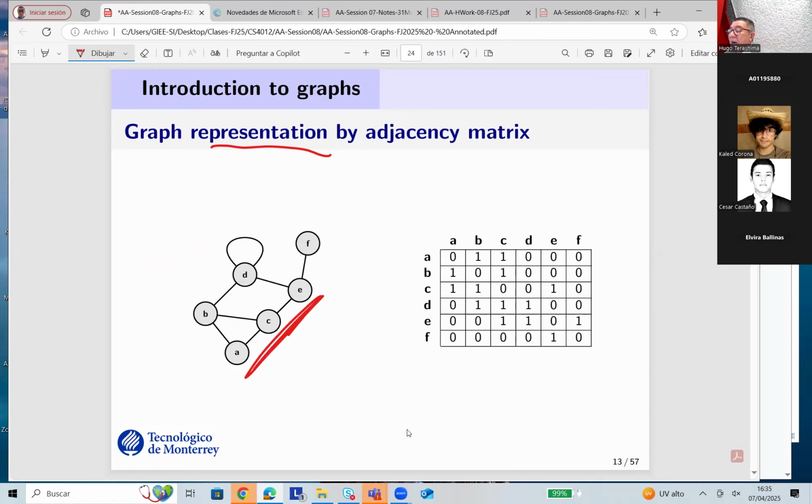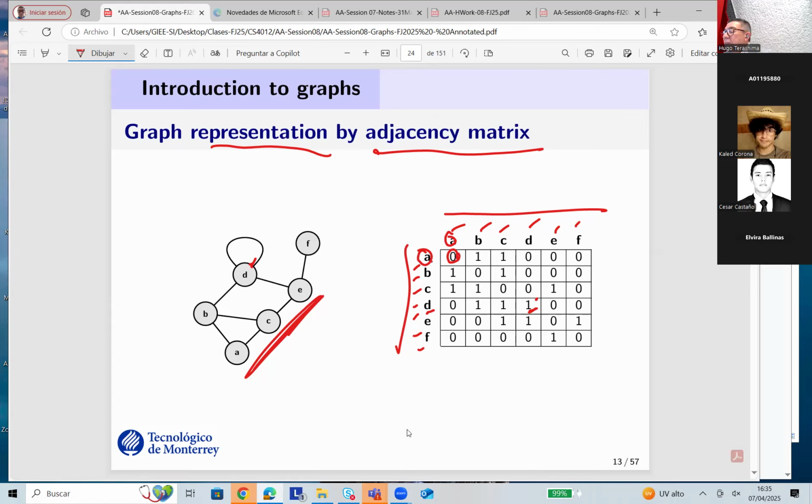I have this graph as a model, and I can use an adjacency matrix, in which I have all the nodes in the rows and all the nodes in the columns. If there is a 0 in the cell, it means I don't have a connection between this node and this node. For example, the only connection for D is between D and D, there's a 1 there.